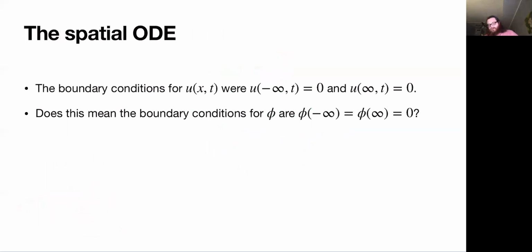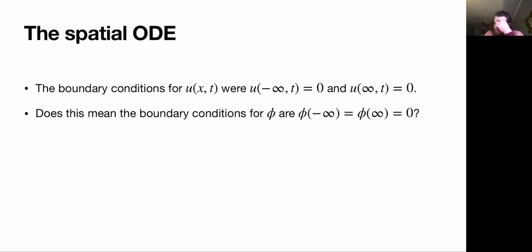Well, as we said, the boundary conditions for u of x comma t were that the solution tends to 0 as you head out to positive or minus infinity. So the question is, does that translate to phi, just the spatial piece of our separated solution? Is that going to be 0 at minus infinity and infinity? Well, let's take a look.